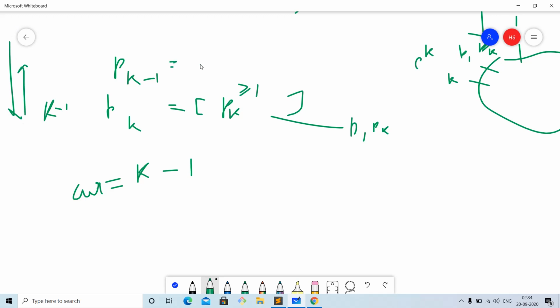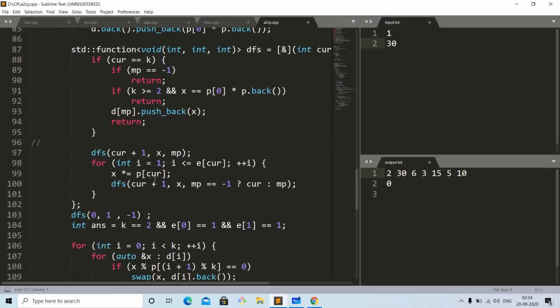This is the DFS traversal. And then in the pk minus 1, we are going to multiply the exponents of pk minus 1 from 1 to all the exponents which we can reach, that is ek minus 1, like in here.